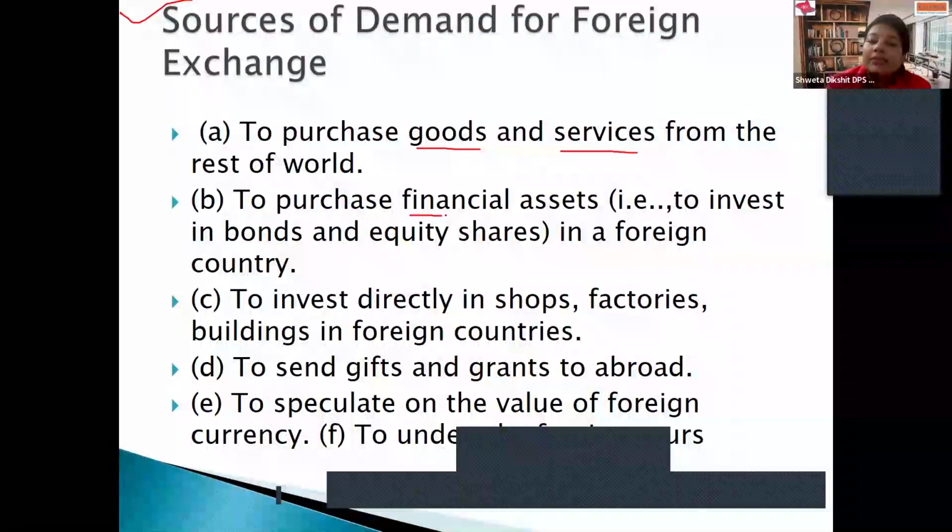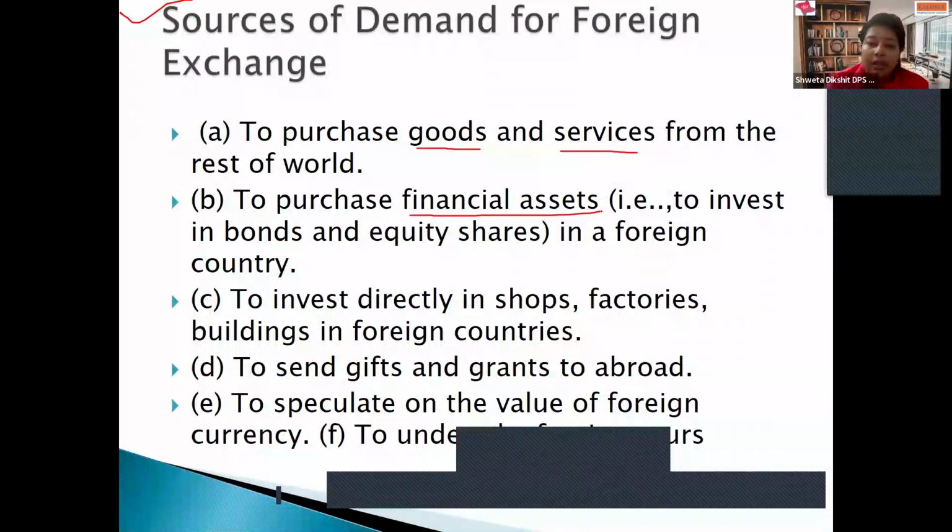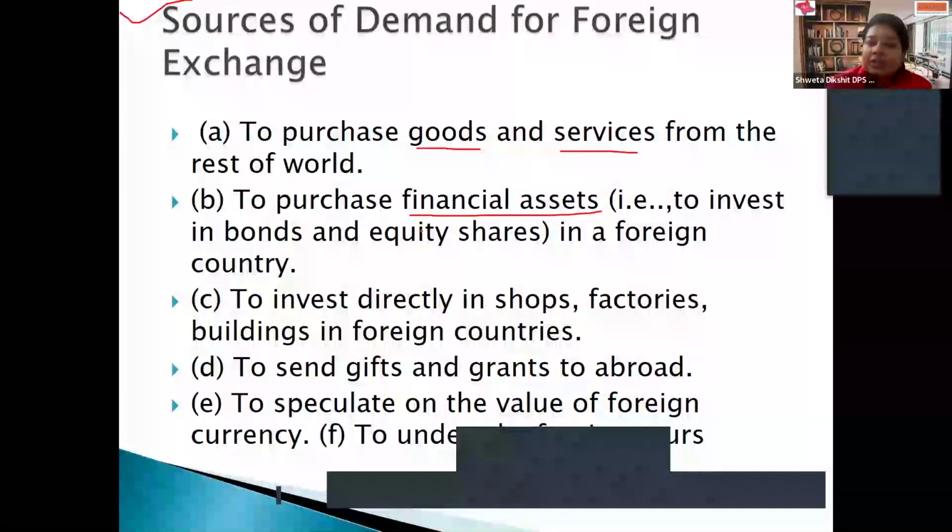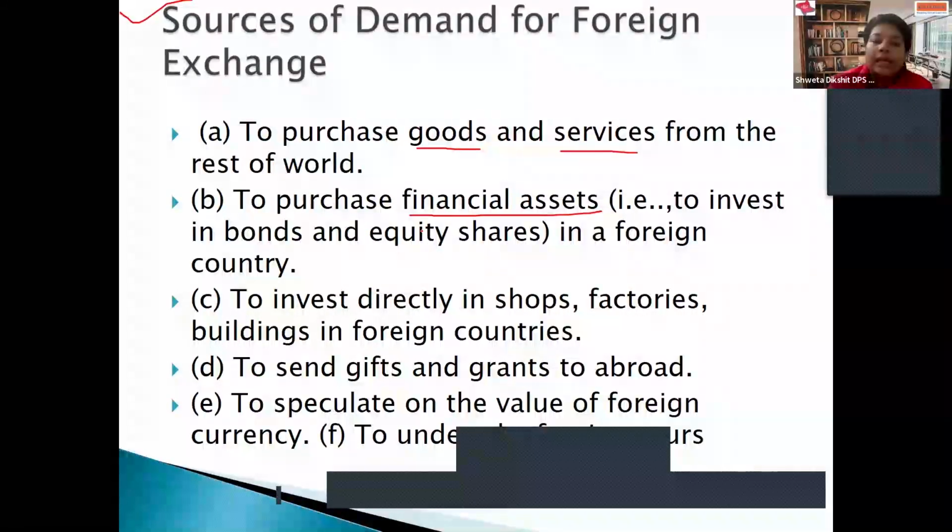The government also asks for foreign exchange for financial asset purchases. If the government has to purchase some assets in different parts of the world, or invest in shares, bonds or securities, they need the foreign currency. So they will demand the currency.